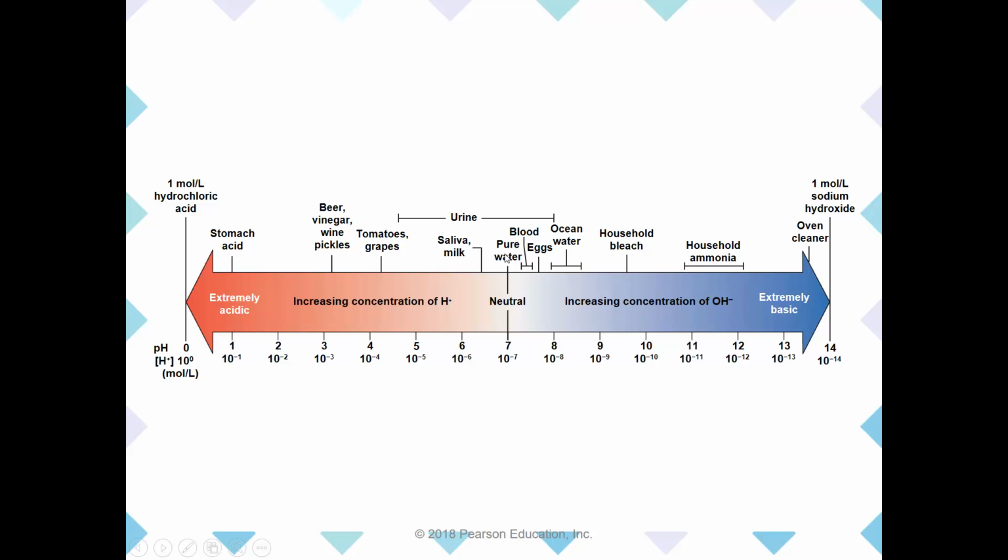Okay, and they put all kinds of stuff on here, but if you look, most of our body fluids, saliva is a little bit acidic, but blood is in this 7.2 to 7.4 range. Urine can have a pretty wide range because that's how we get rid of the stuff that we don't need, right? We dump it in the urine for excretion.